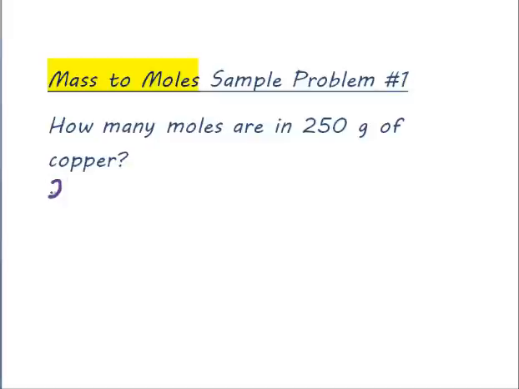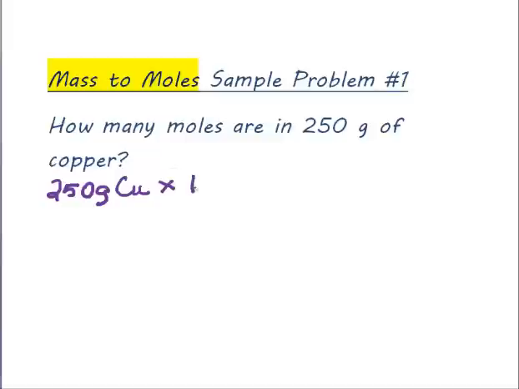We start with our 250 grams of copper. And I want you to notice that I'm going to be very specific in my units here. It's not simply 250 grams, it's 250 grams of copper. As we progress through these problems and on into Chapter 9, these designations become more and more important for tracking our problem solving. So make sure that it's not simply grams, but grams of copper.